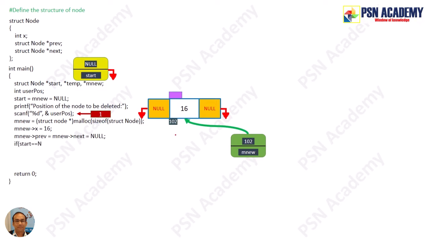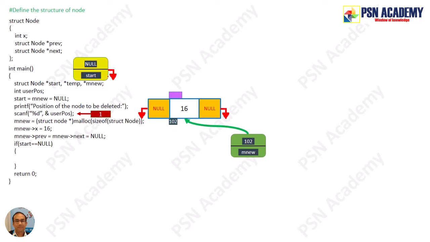Next, this is a check that if start is null, that means there is no node in the list. And if start is not null, then there is at least one node in the list. So if start is null, then this node at 102 will be the first node, right?